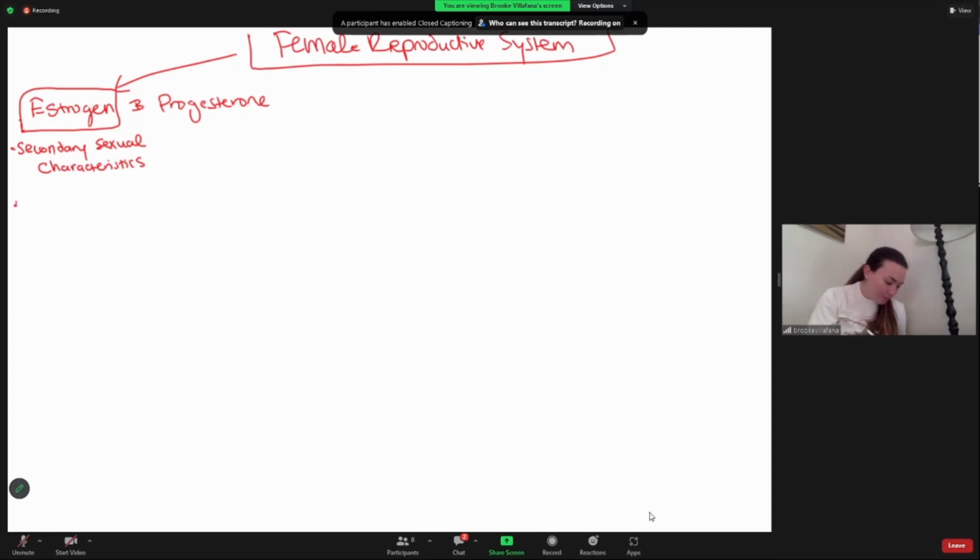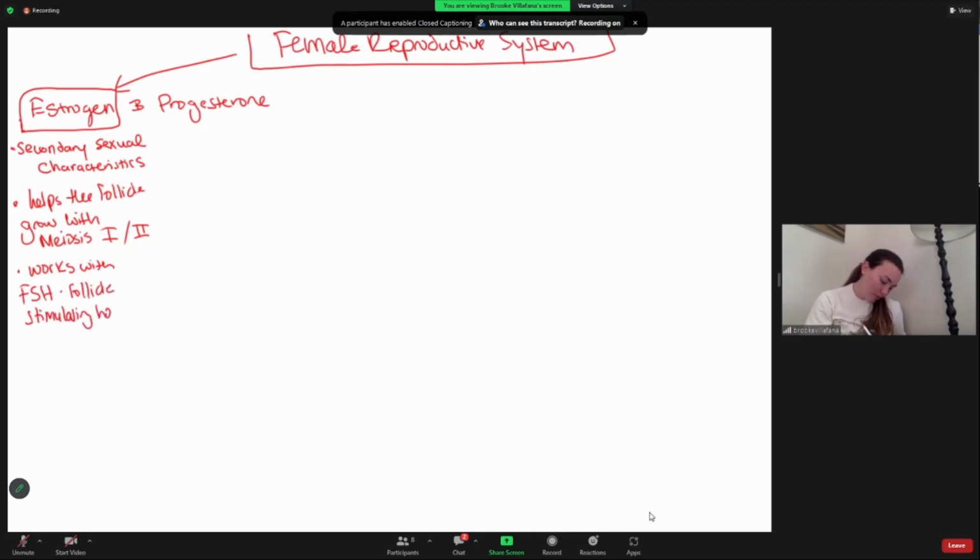It also helps the follicle grow with meiosis 1 and meiosis 2. It basically works with FSH, follicle stimulating hormone.